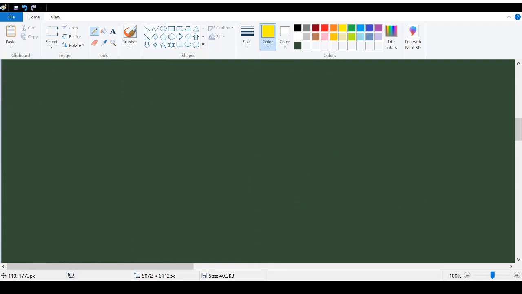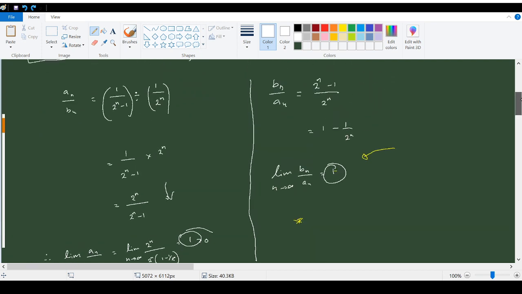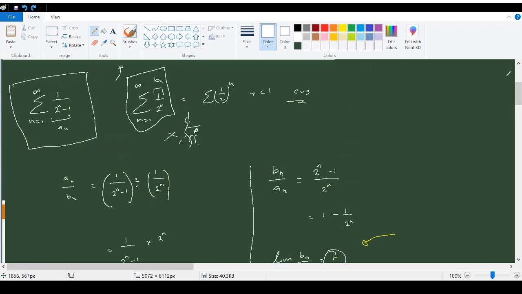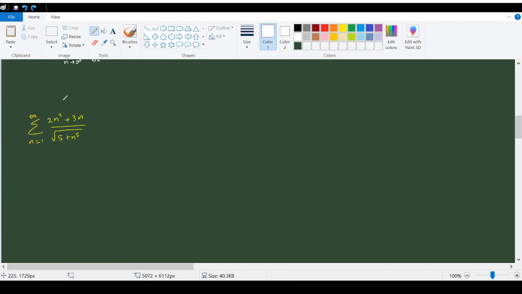Okay, let's do another example. Let's consider this series. Now here you can see that we should be a bit tricky to find a suitable bn. In this an term, in the numerator the dominating term is this one. That means this term will have a larger impact on the value of this numerator because of this n squared. So let's have that one.